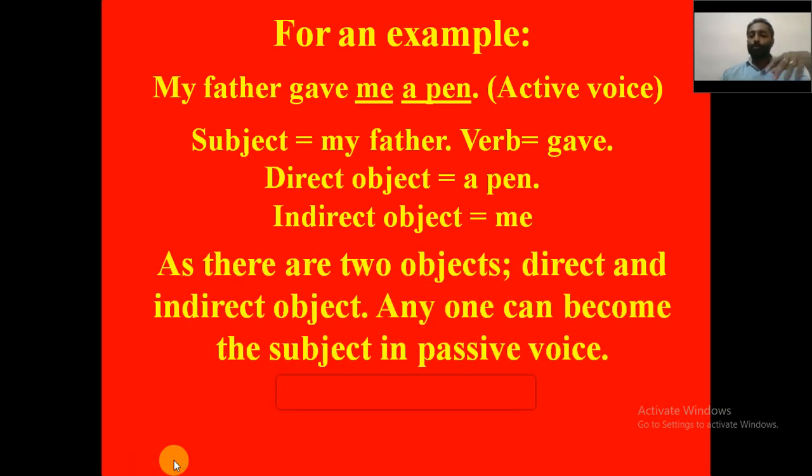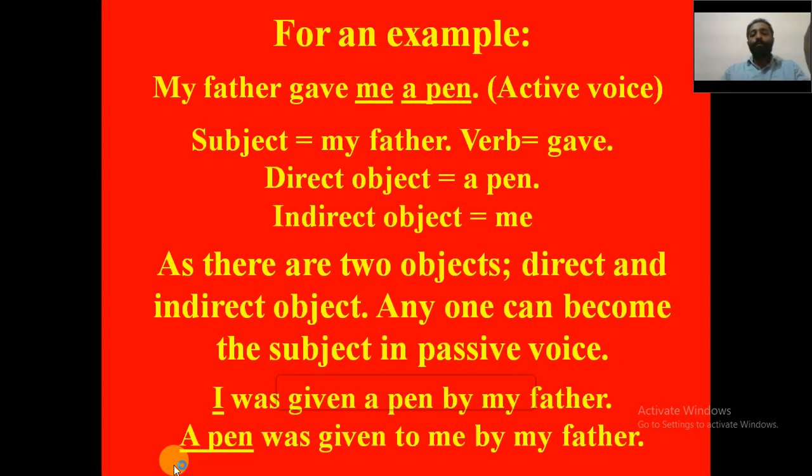As there are 2 objects, direct and indirect, either can become the subject in the passive voice. Either me can become the subject or a pen can become the subject. I'll give you that. I was given a pen by my father, which means in this particular sentence me became the subject.